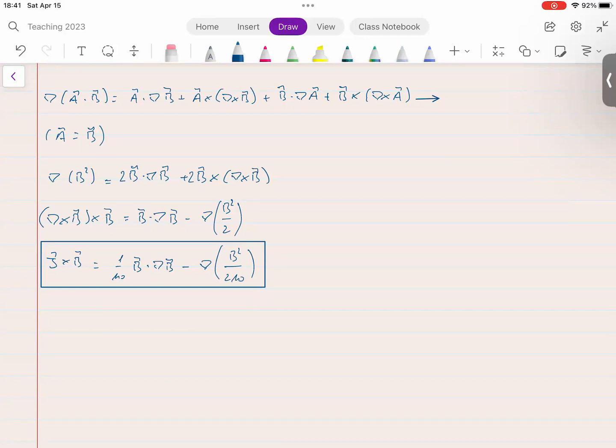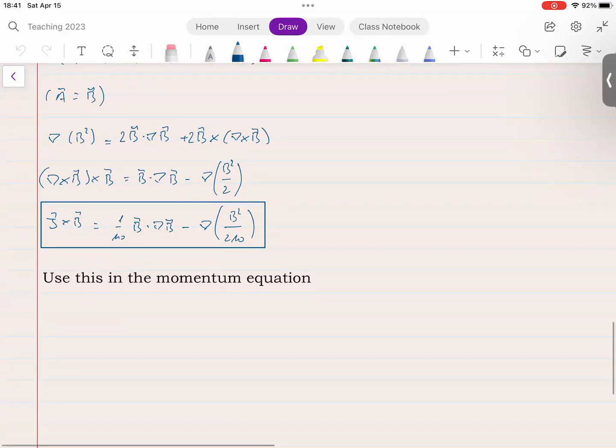But going back to the momentum equation, we see that we can combine the gradient of the pressure with the gradient of b squared over 2 mu naught, and write that density times du dt is going to be equal to 1 over mu naught b dot grad b minus the gradient of p plus b squared over 2 mu naught.